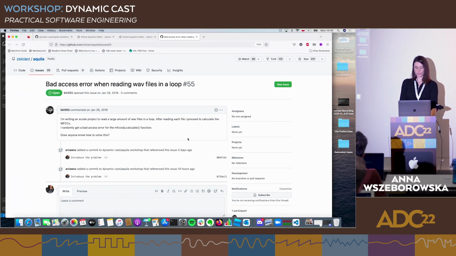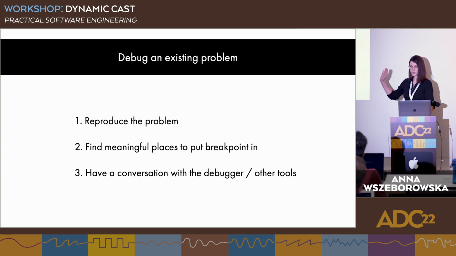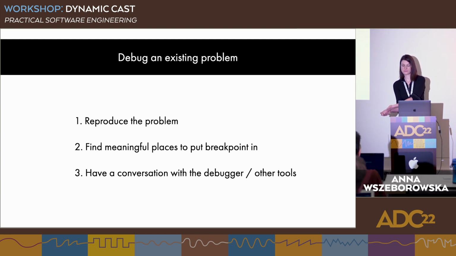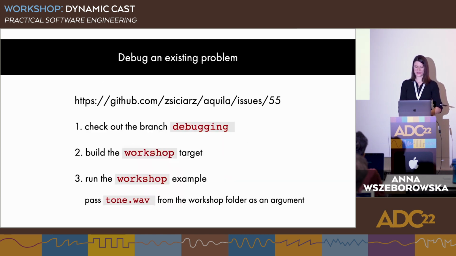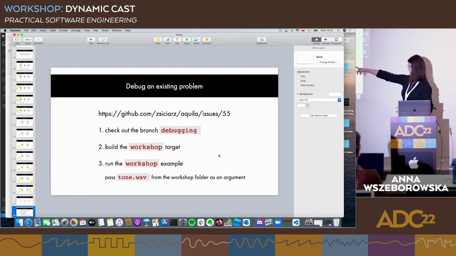When you see a problem, the first thing you do is try to reproduce it. I don't know what caused it, but I need some code that will get me in the same state as this person is reporting. So I did the work for you and wrote some code that's on the branch debugging. I'm going to ask you all to check out the branch debugging on our Aquila workshop repo and build the workshop target.